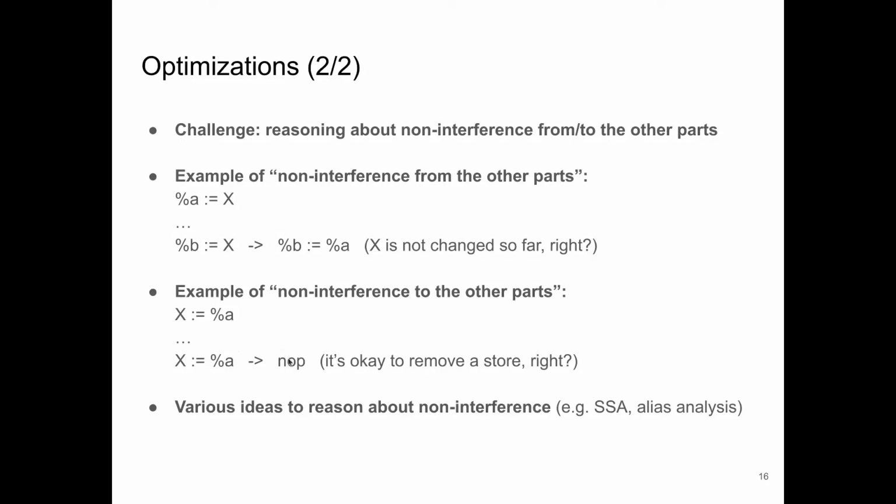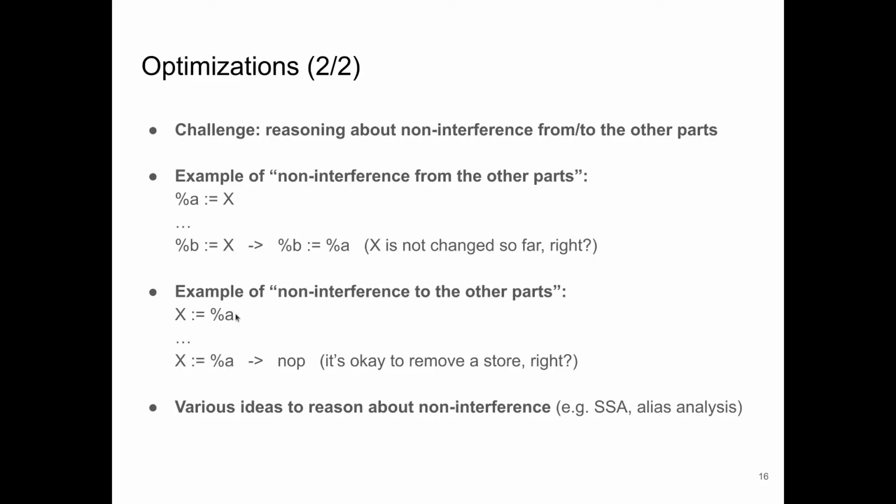But after performing the optimization, replacing the store with a no operation, it can contain the other value that is stored in between the two stores to X in the optimized program on the right. So it can be different. We need to prevent such a case by analyzing the part of the code that is between the two stores.